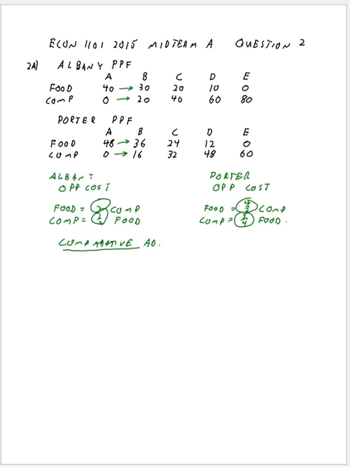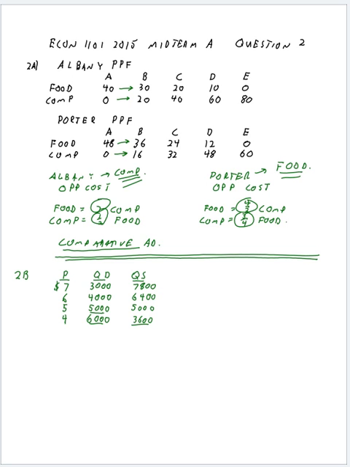And Albany should be producing computers because its opportunity cost is 1/2 food, whereas Porter's is 3/4. So that means that Albany should be producing computers, and Porter should be producing food.